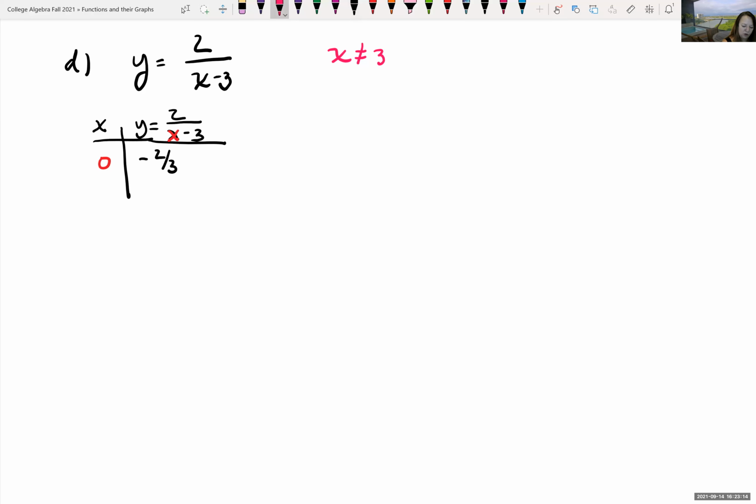If I plugged in 1 for x, I would get 2 over 1 minus 3, or 2 over -2, which is -1. So there's nothing that we can plug in for x that would give me back multiple values for y. If I plugged in -1, I would get 2 over -4, which reduces to -1/2. So yes, this is a function.